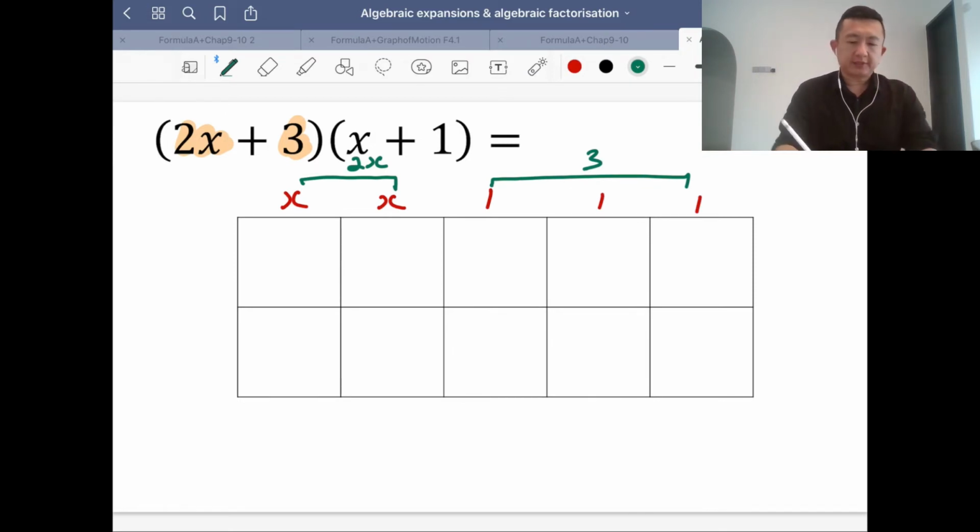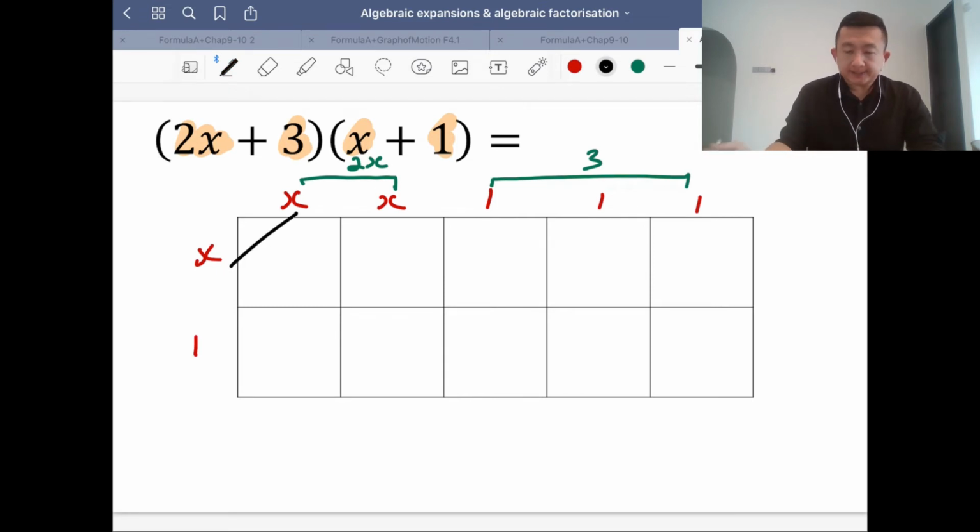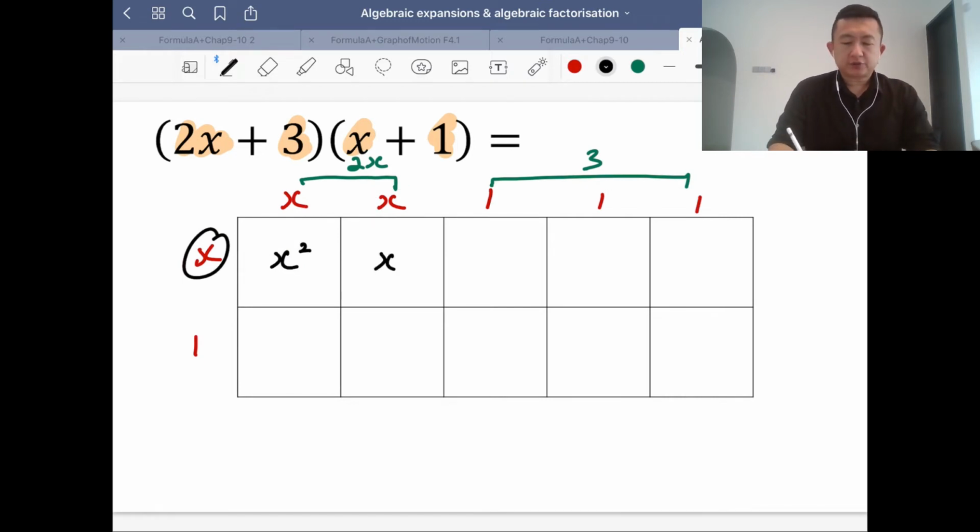With the same thing, how do you break this? Simple. You just have to put x and also 1. And we are going to multiply. So x times x, you have x squared.